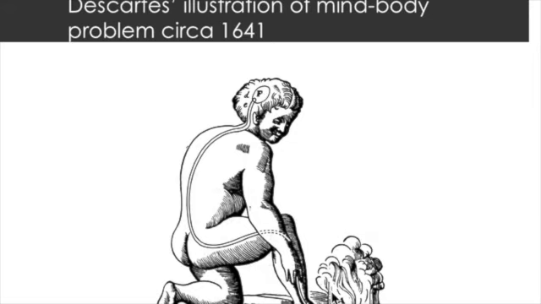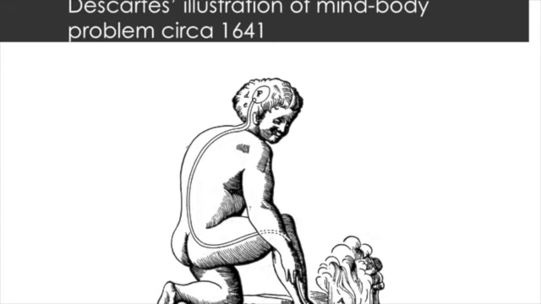And the way he thought that the body connected to the mind was in this very simple circuit that he diagrammed. You can see how, when you have a potentially painful stimulus such as a fire, you have some sensors within your body that, as soon as they touch the fire, send a signal all the way up your spine into your soul, right, into your pineal gland, and then it goes back down in order for you to withdraw your hand quickly.